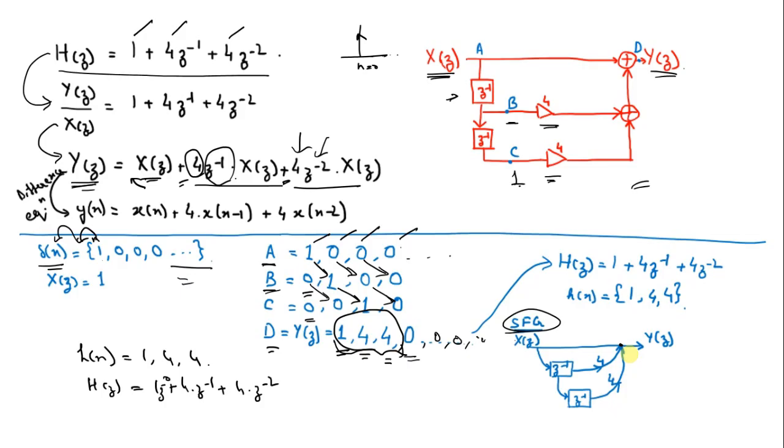So you see in your question whether it has been given implement the filter or draw the signal flow graph. Basically both are the same thing, but if you are asked to implement the filter, then you have to draw the first architecture. If it is told that draw the signal flow graph, then you have to do the second one.